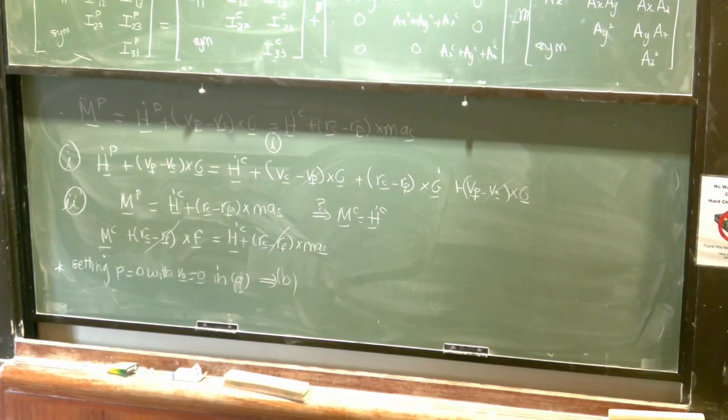What is it? Net force is equal to 0. Not quite. So if I want to draw the free body diagram of this rod, how many forces are acting on it?